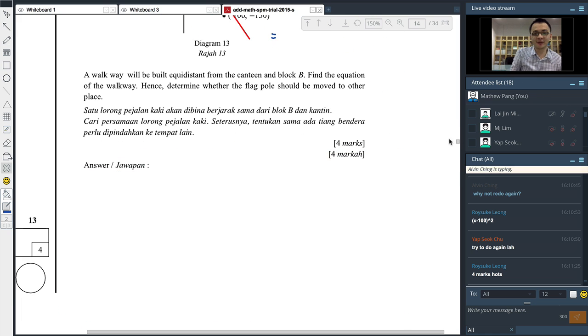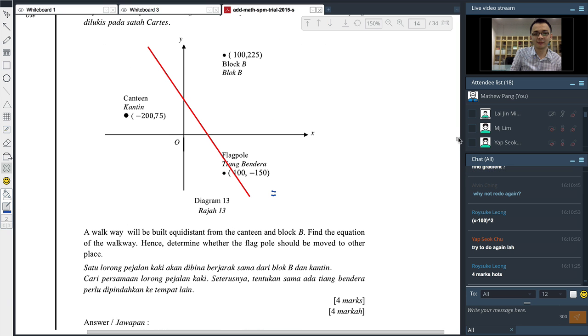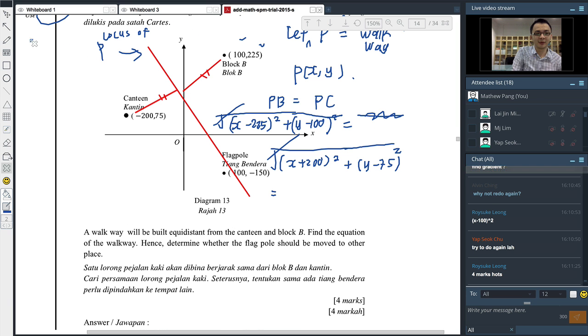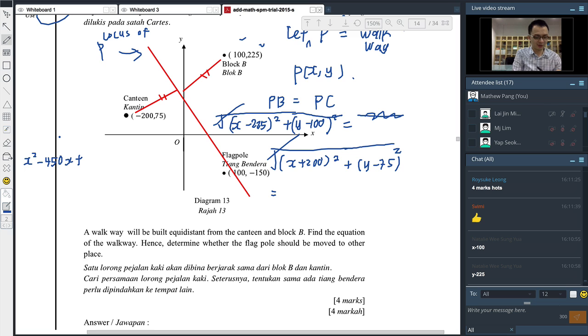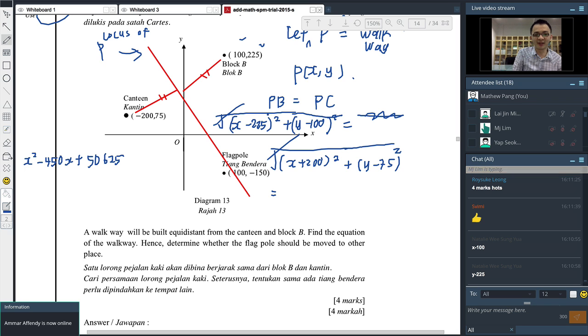Okay, so I will need some space here. Never mind, maybe I write here. This is x squared, 225, this is minus 450x plus, the number is very big, 225 squared. This is 50625. Okay, now I expanded the first one already.